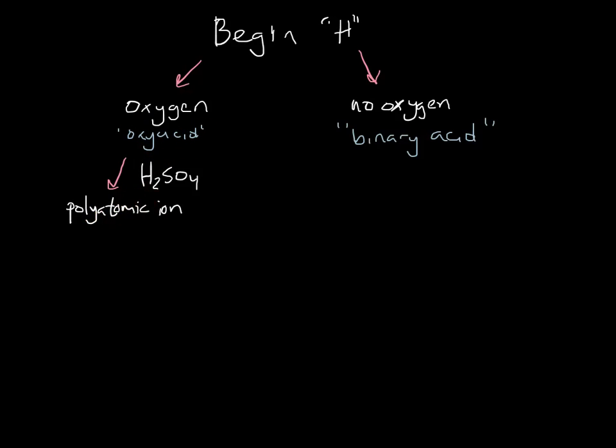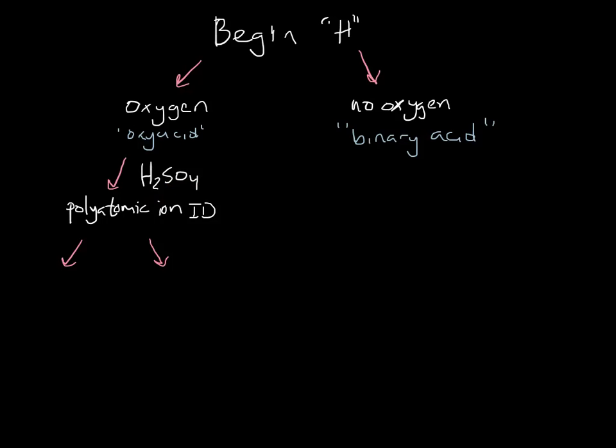Now the polyatomic ion is going to be this little piece right here, SO4. SO4 is sulfate. And so that's going to be the next step. Identify what your polyatomic ion is and its name. And there's two different routes you can take here.